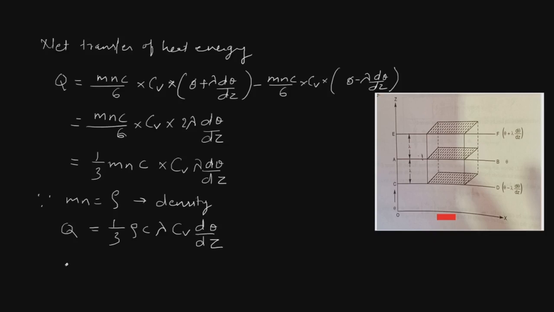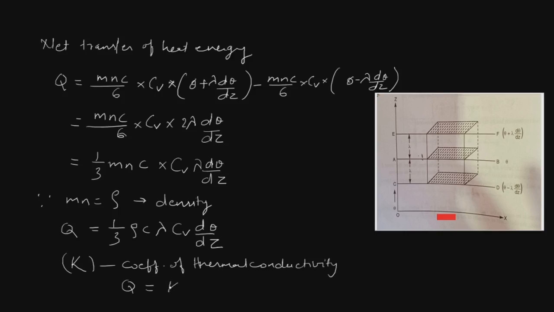The coefficient of thermal conductivity, which is represented by the capital letter K, is defined as the quantity of heat which flows per unit area per second per unit temperature gradient.